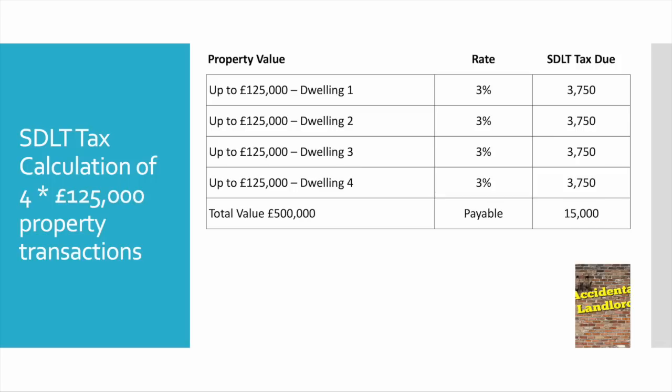Now, if you were to buy a property where you had 4 individual dwellings, but they were all owned by 4 individual vendors, then that would potentially not fall part of this linked transaction anti-avoidance piece, because each transaction is independently being made with you. It's not being made by one vendor and one purchaser.